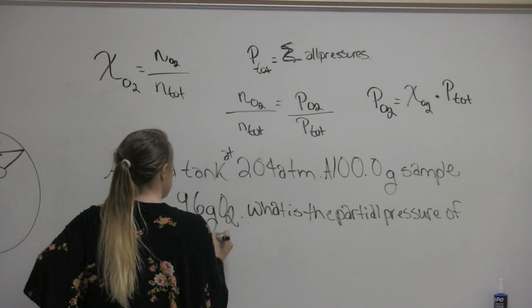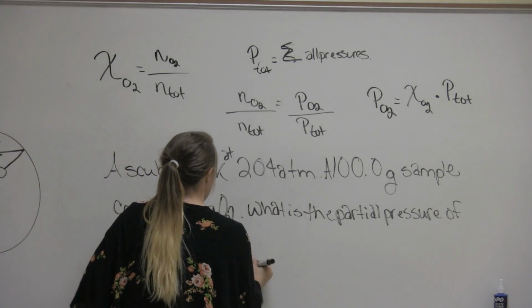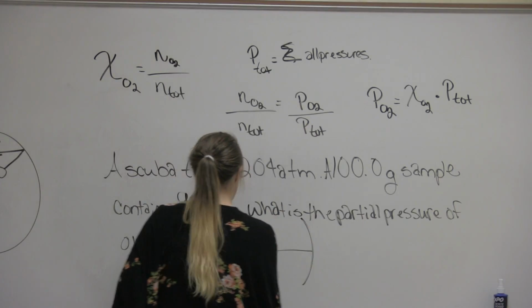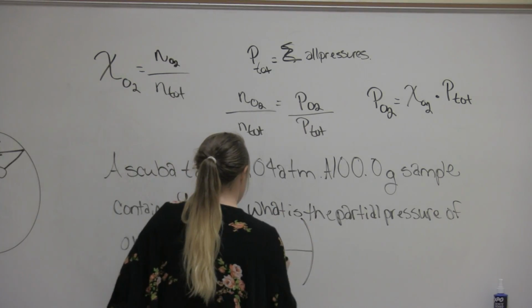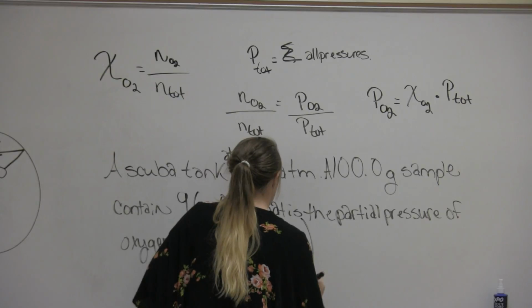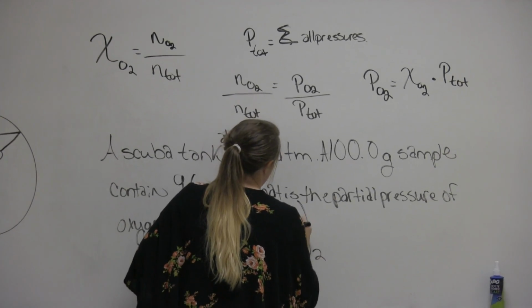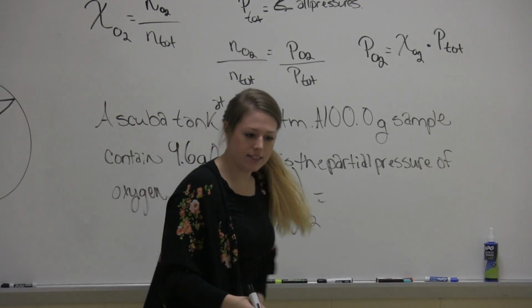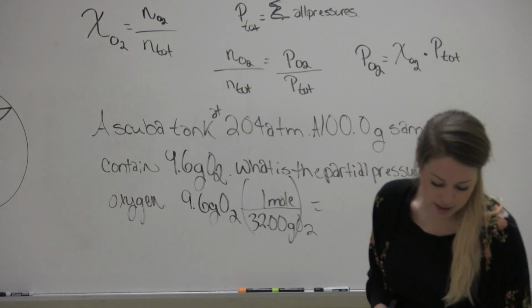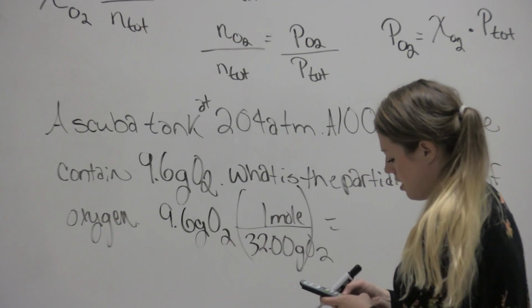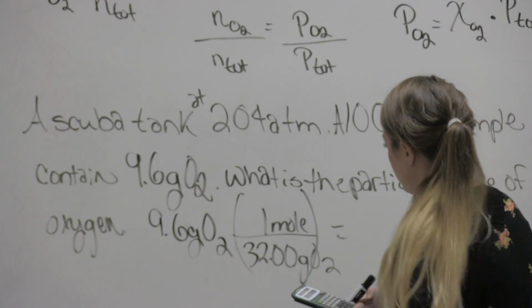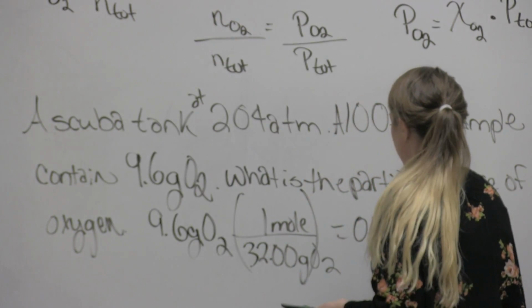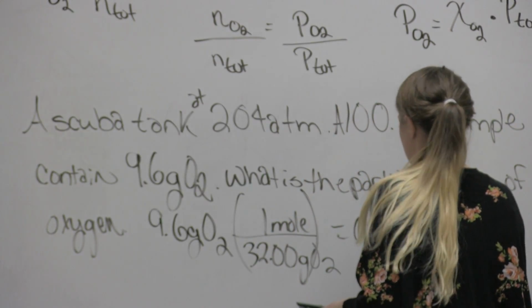So if I take 9.6 grams of O2, we convert that to moles. So this is going to be 32 to 1 mole. This is going to give us 9.6 divided by 32. We're going to get 0.30 moles.